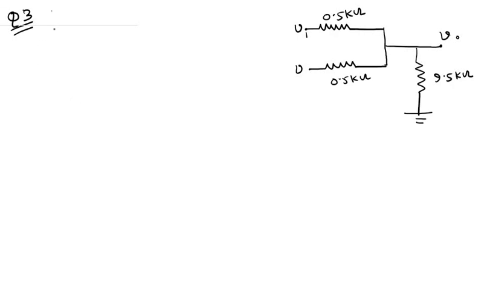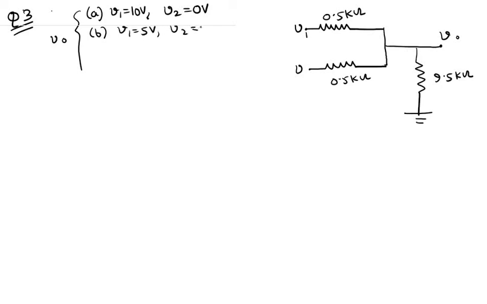V0 for 4 different cases. Case A is V1 equal to 10 volts, V2 equal to 0 volts. Case B is V1 equal to 5 volts, V2 equal to 0 volts.